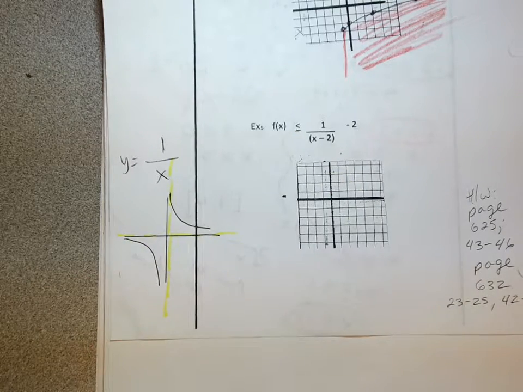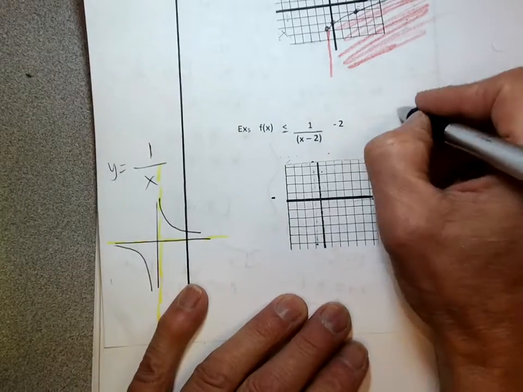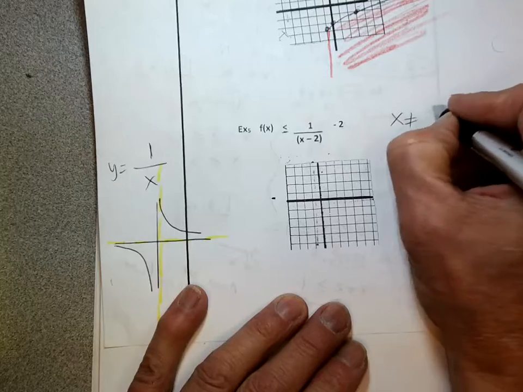So before we do anything, to graph this one, we'll take our parent function. And we'll move our asymptotes to 2, -2. Does that make sense? Opposite the inside, because that would zero it out. Of course, we'd have an asymptote at 2, right? So, Leora, I'm going to put exactly what you said first. I'm going to go x cannot equal 2, all right?